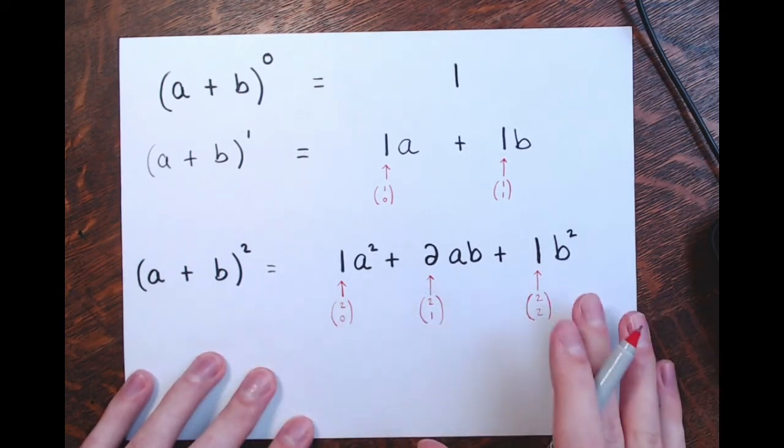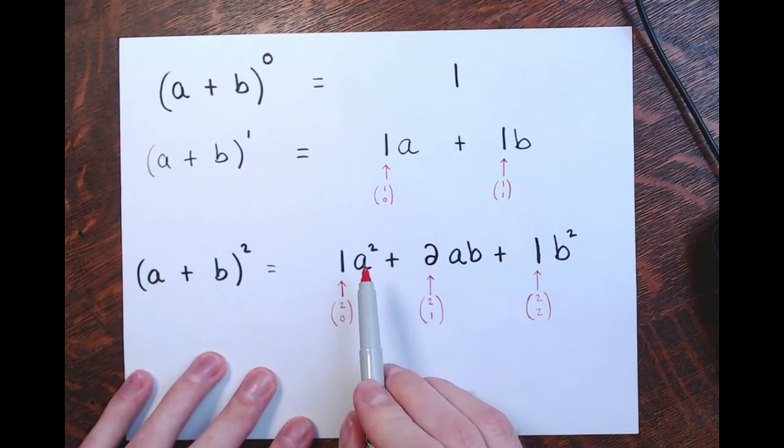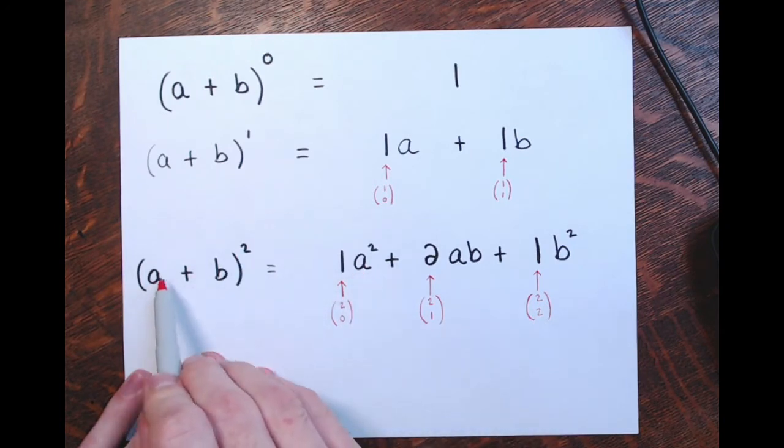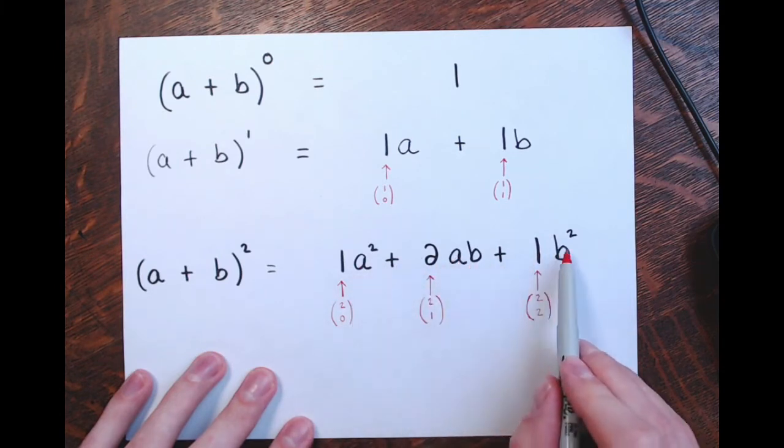Okay. You see what's happening here? When I do a binomial expansion like this, I'll just start off with the first term to that power, and then every term after that, I just decrease the power by 1. So you see A squared, A to the first, A to the 0.